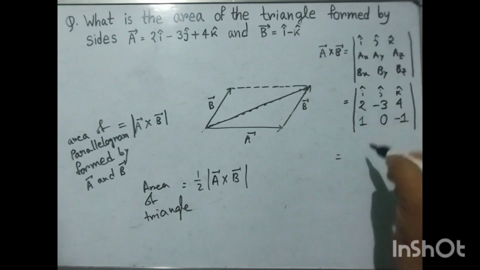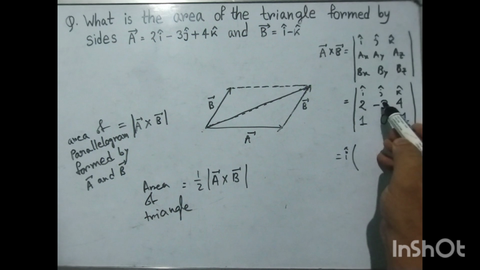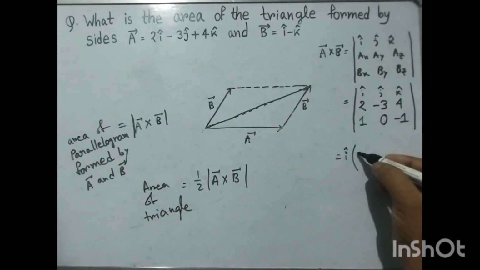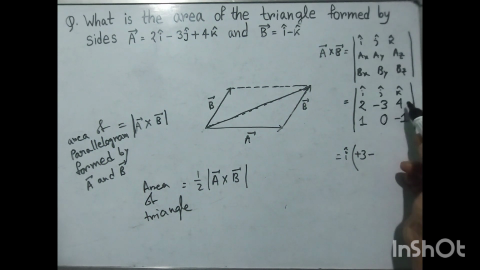So now i cap into, it will be like this cross: first you have to multiply minus 3 and minus 1, then it will be plus 3, and then minus this multiplication 0 and 4, so that will be 0.